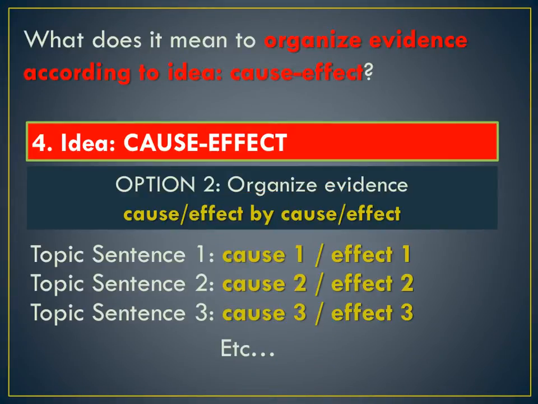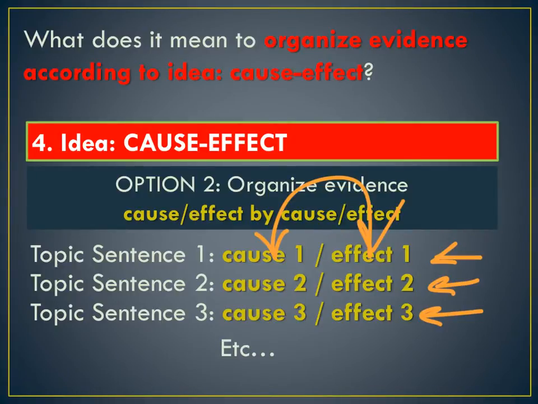Yet another more sophisticated option is to group by particular causes and effects in each topic sentence. So you're specifically linking a cause and an effect in each body paragraph. So again, this is a really sophisticated kind of argument.